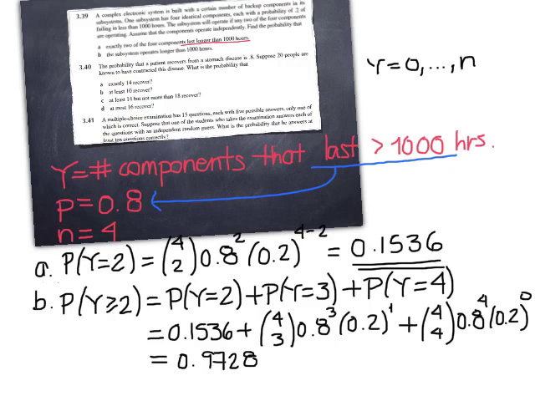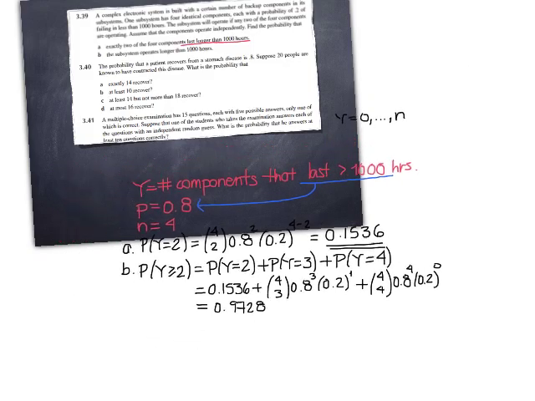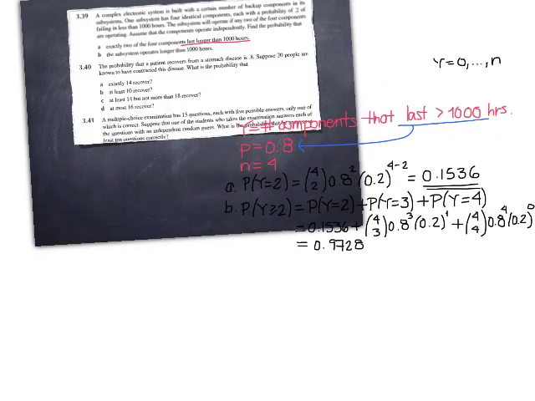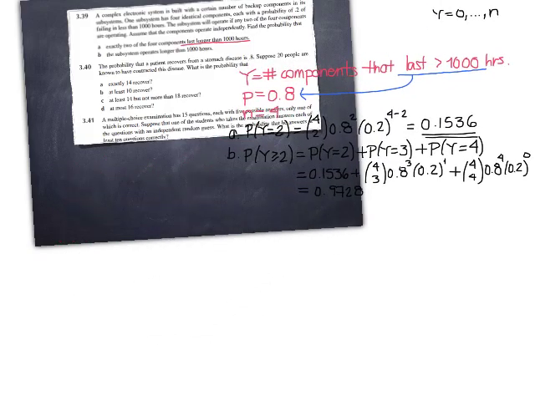Let me just remind you that you could also do this, the letter B, this way. If you have y greater or equal than 2, this is exactly the same as having 1 minus the complement.